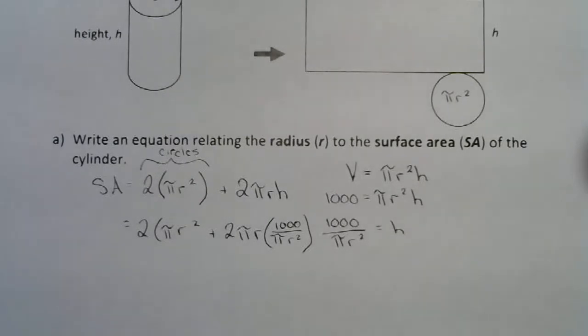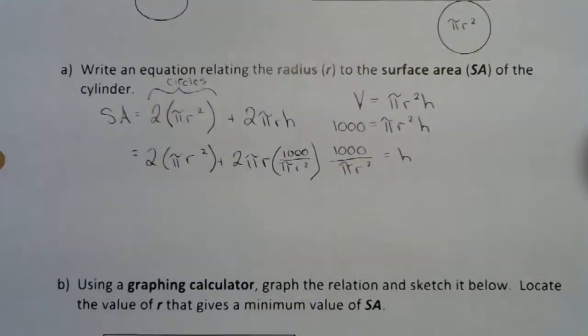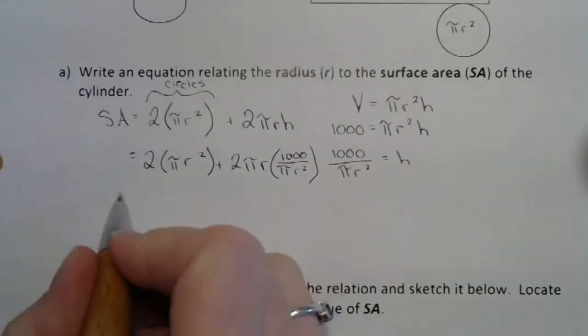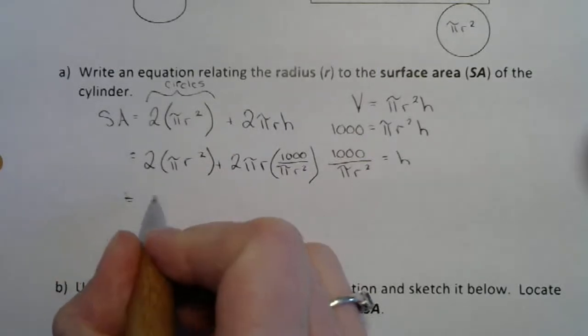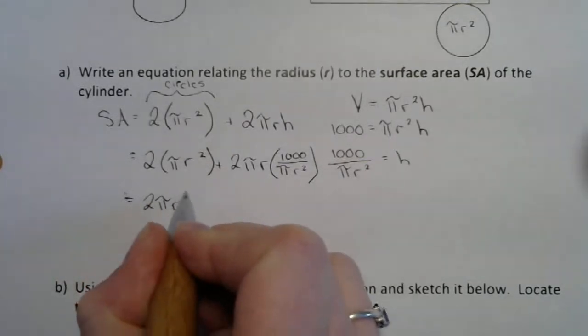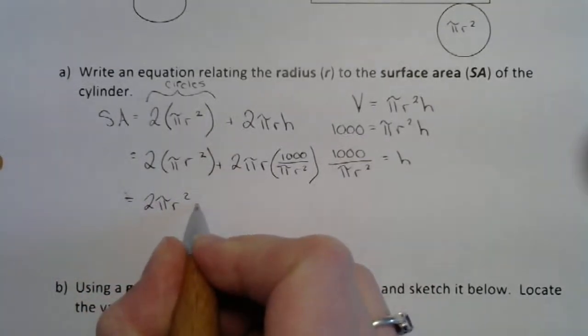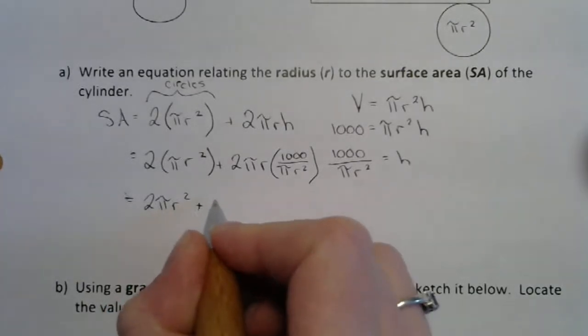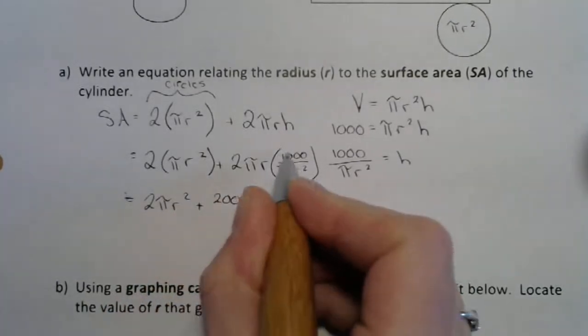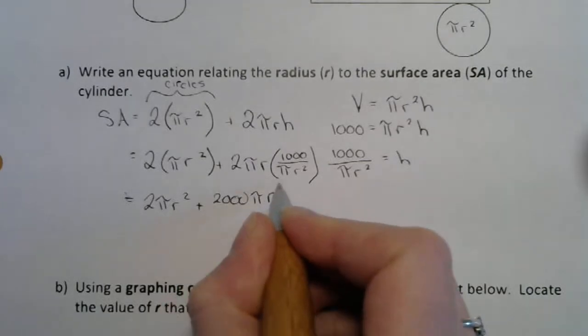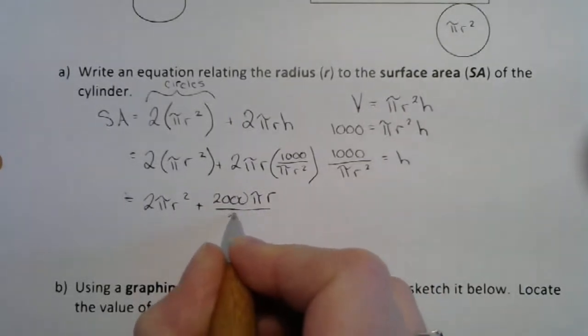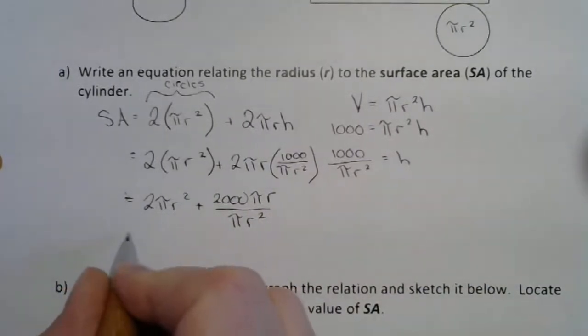Okay. Now we can do some simplifying. Whoops, should be a bracket there. So this is just 2 pi r squared, and this is going to now be 2 times 1,000 pi r, all divided by pi r squared.